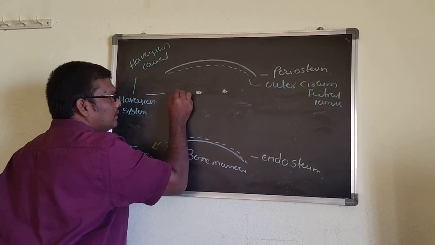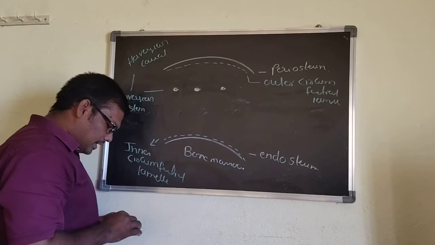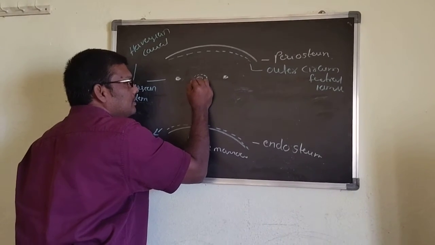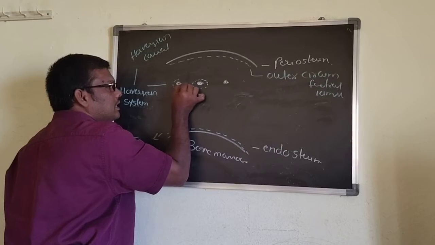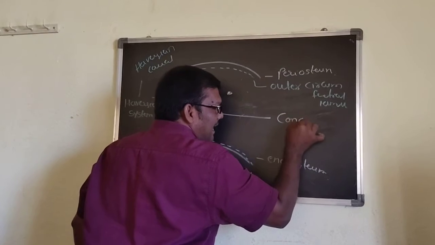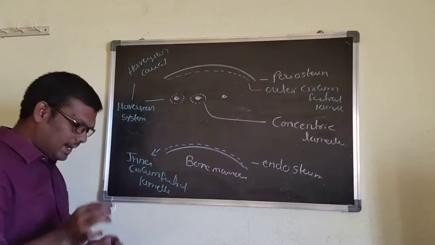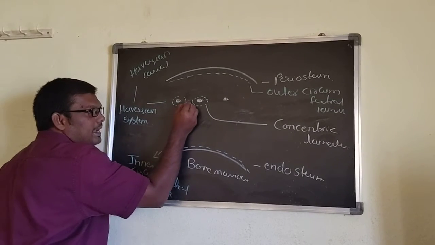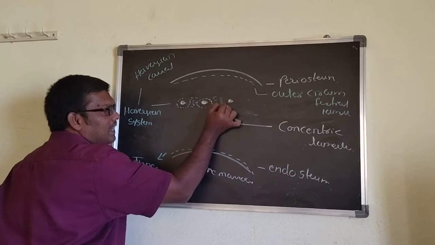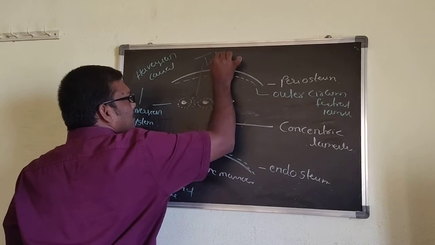The Haversian canal is surrounded by lamellae, and that lamellae is called concentric lamellae. The lamellae present between the Haversian canals is called interstitial lamellae.